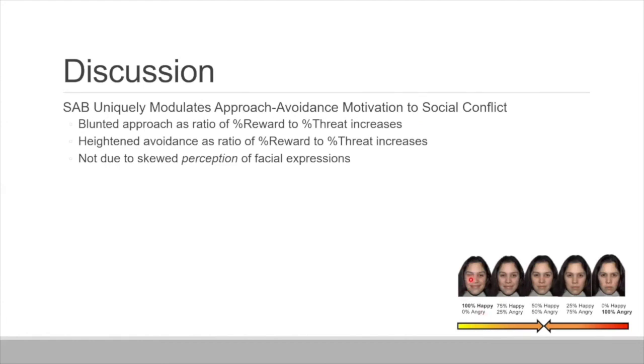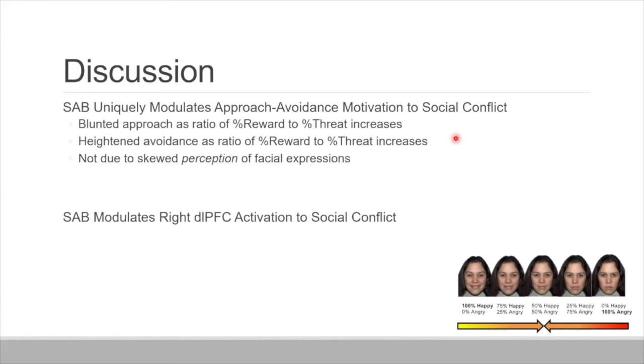They see these faces as just as happy or just as angry as a non-socially avoidant individual. So they get the same social information from these cues, and the differences start to show up in how much they want to approach and avoid. So not how they perceive the faces, but what they want to do behaviorally with that information in terms of how much they approach or avoid those faces.